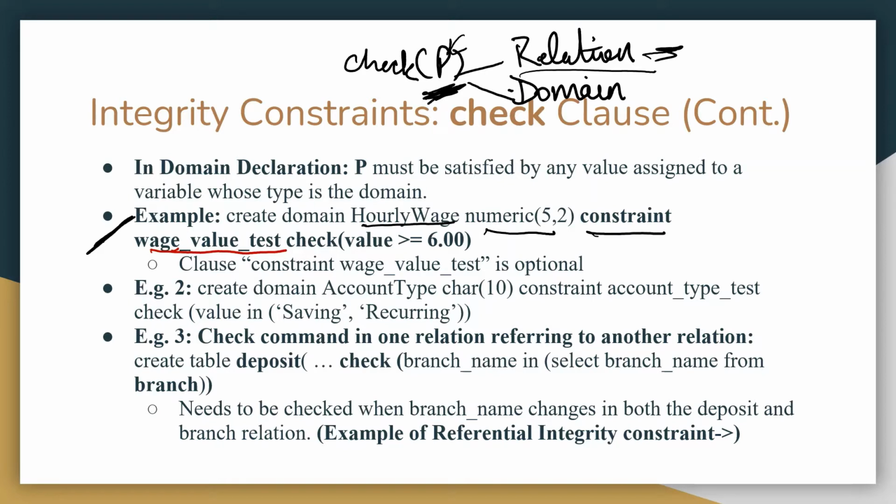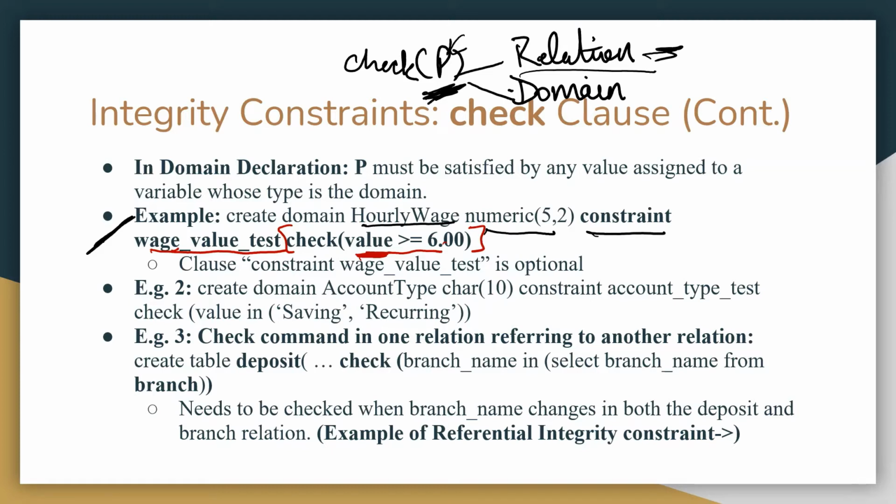Okay, and the constraint is: check value is more than or equals to 6.00. So what does this mean? We have a domain hourly wage, and the constraint says that the value of the wage should always be more than or equals to 6. So the minimum wage value is 6. The hourly wages cannot be less than 6.